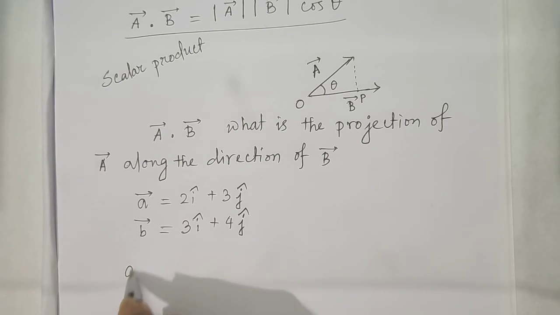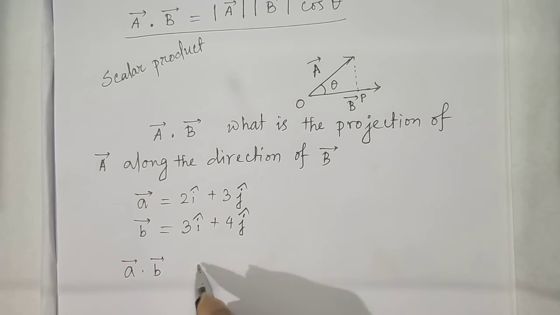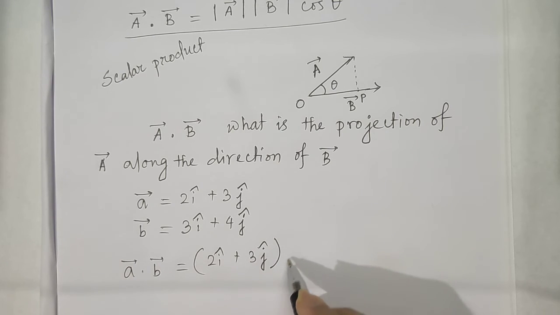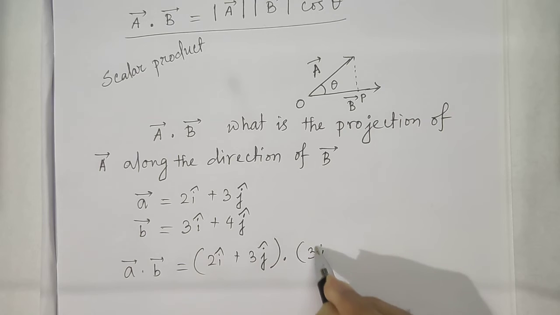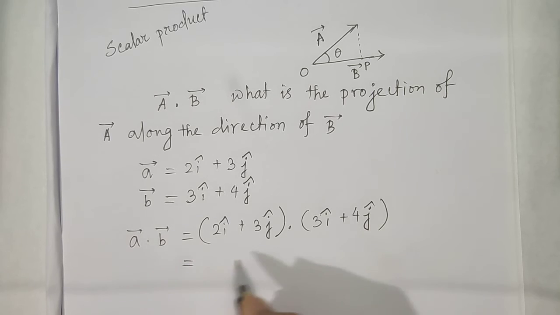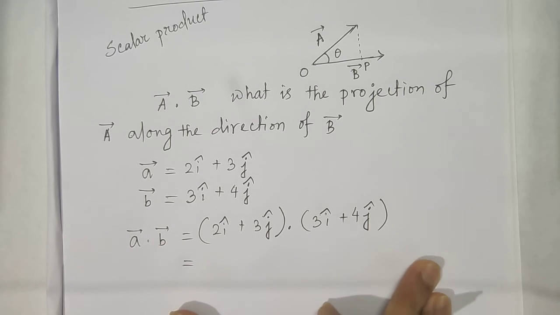Then A dot B will be 2i cap plus 3j cap dot 3i cap plus 4j cap, and now here is a part that you have to remember.